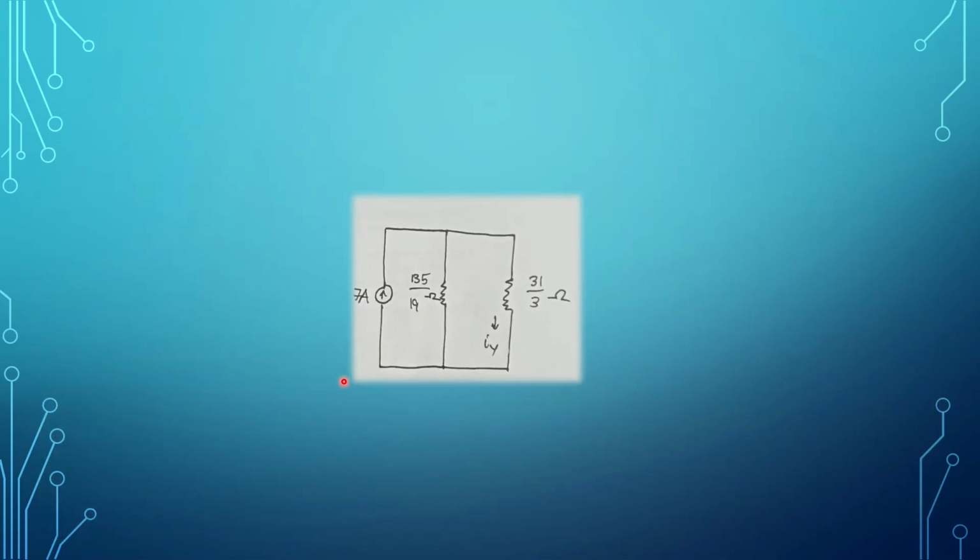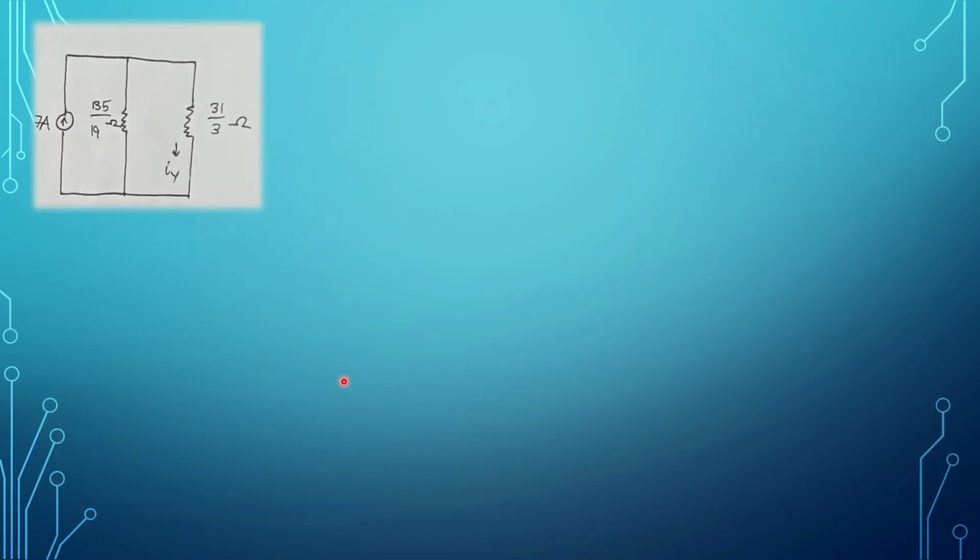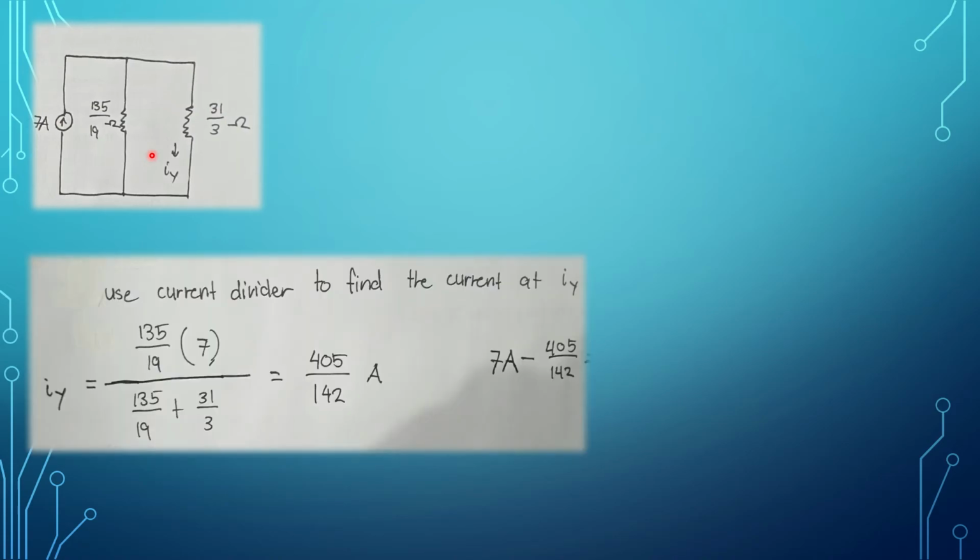So with this, we can find the current Iy by doing current divider. So use current divider to find the current at Iy.